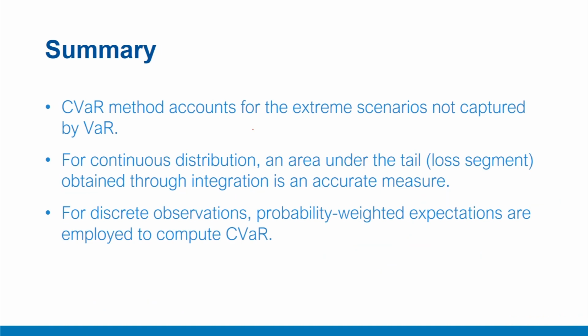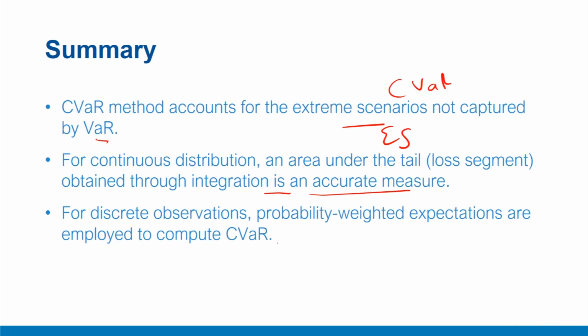To summarize this video, we noted that the CVaR method accounts for extreme scenarios that are not captured by VaR levels. For continuous distributions, the area under the tail segment, which is essentially the loss segment, obtained through integration, is a very accurate measure of expected shortfall or conditional VaR.